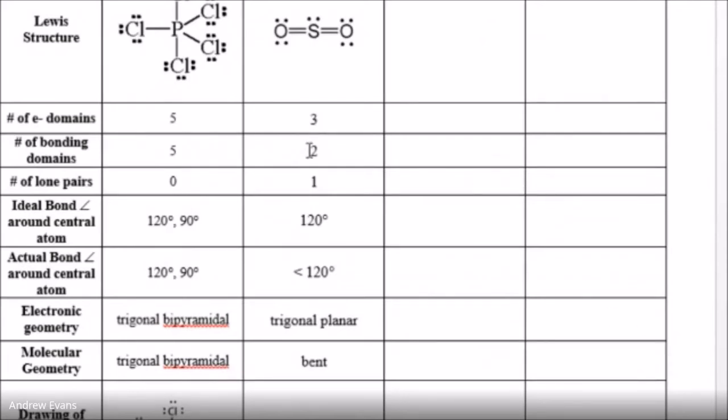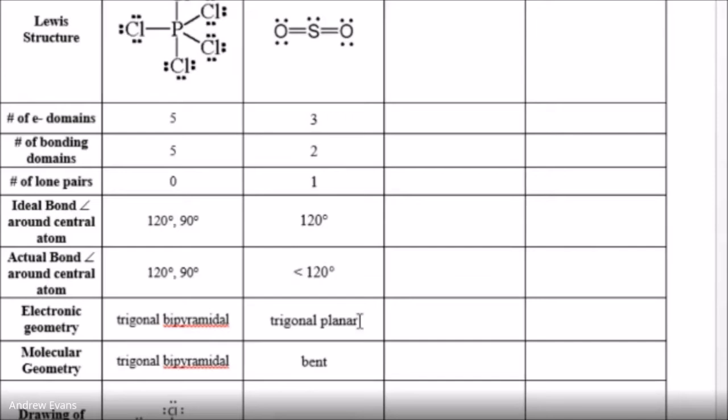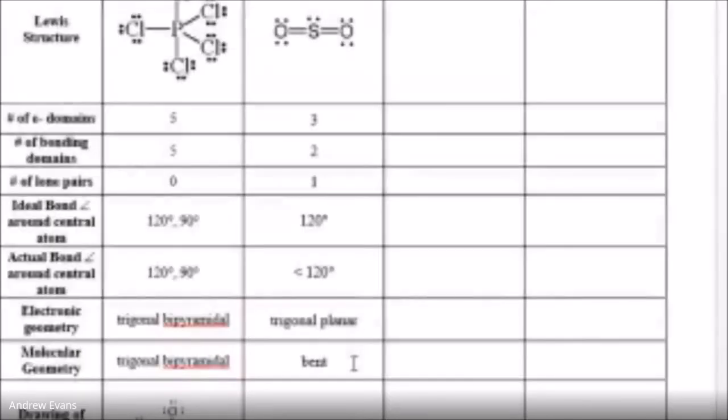Please note, the bonding domains and lone pairs should add up to your number of electron domains. Then we'll get the ideal bond angle and the actual bond angle. You can get those directly from that chart. Trigonal planar, the electron geometry, or the molecular geometry, get them both from that chart.